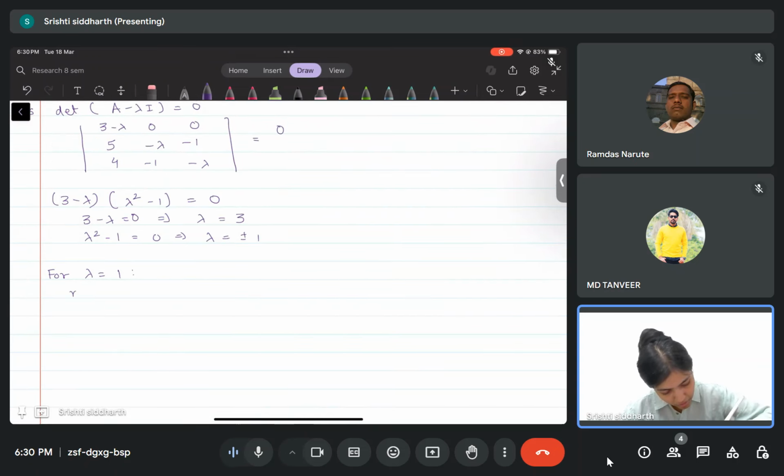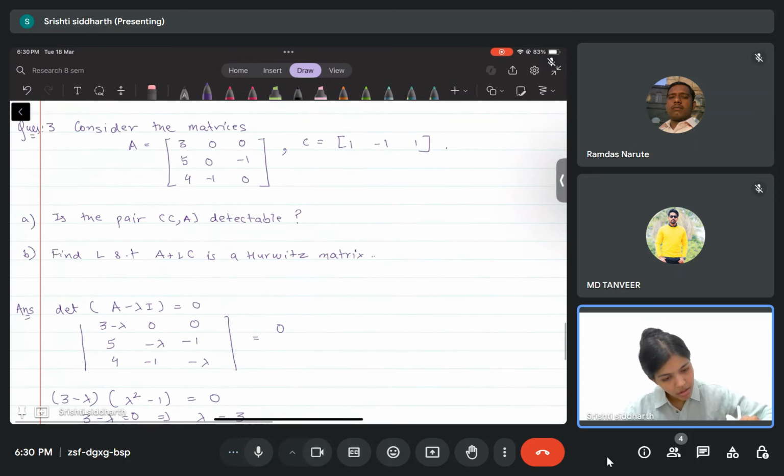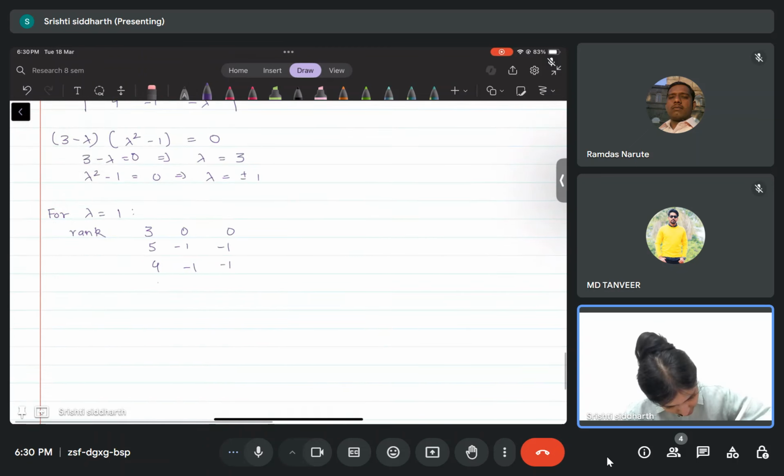We have the rank of A minus I, so this is simply 3, 0, 0, 5, minus 1, 1, 4, minus 1, minus 1, and then the C. This is a row vector, so 1, minus 1, 5. So we have 4 rows and 3 columns.